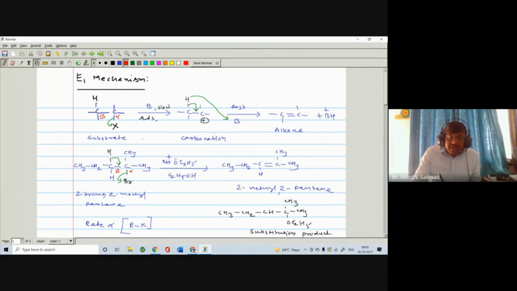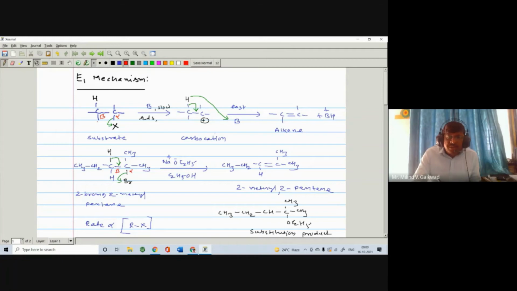So the energy required to break this CH bond is not involved in this slow step. If it broke in the slow step or the RDS step, the CD bond is a stronger bond than the CH bond, so it requires more energy to break that bond.